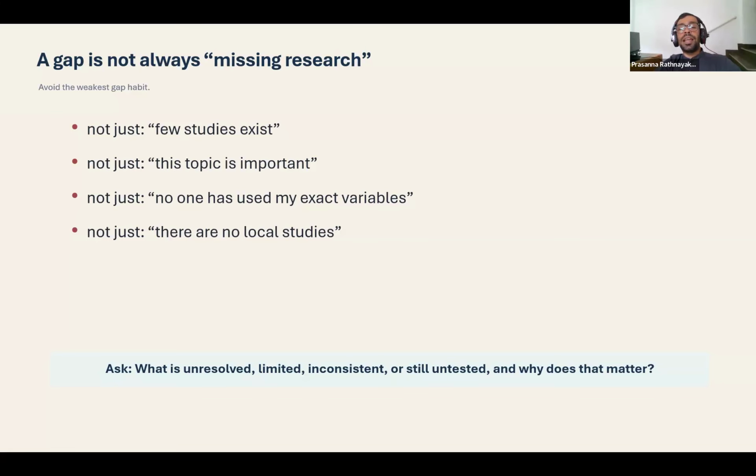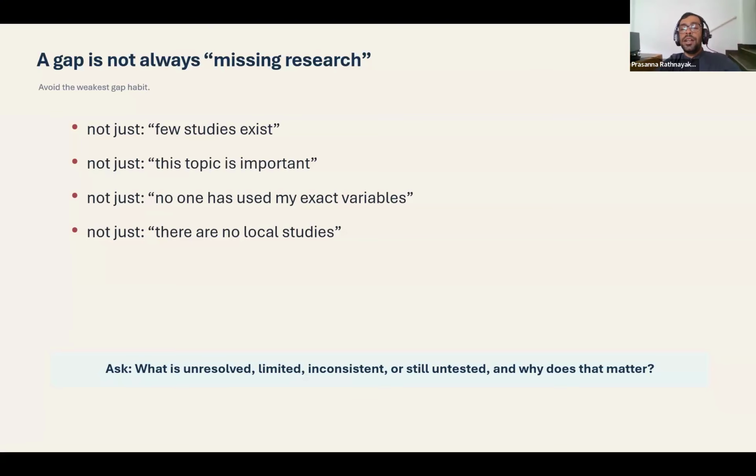Sometimes it can be a local absence. That does matter. Remember that it is a typical Sri Lankan or tropical context, right? The bigger thing is we must show why. For example, if climate, policy, material properties, population or infrastructure conditions differ, the local context may become a real research need.